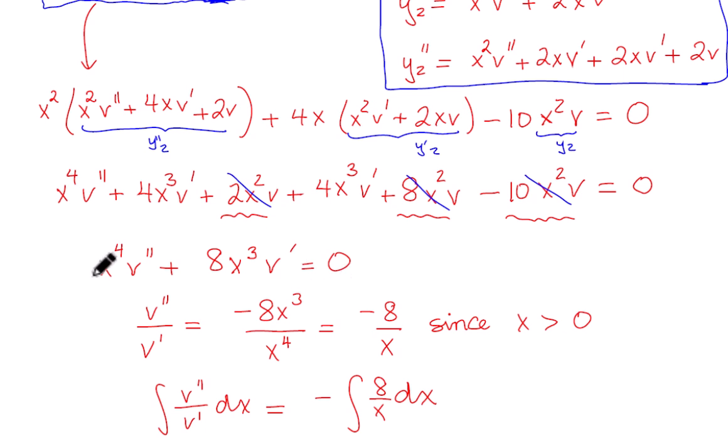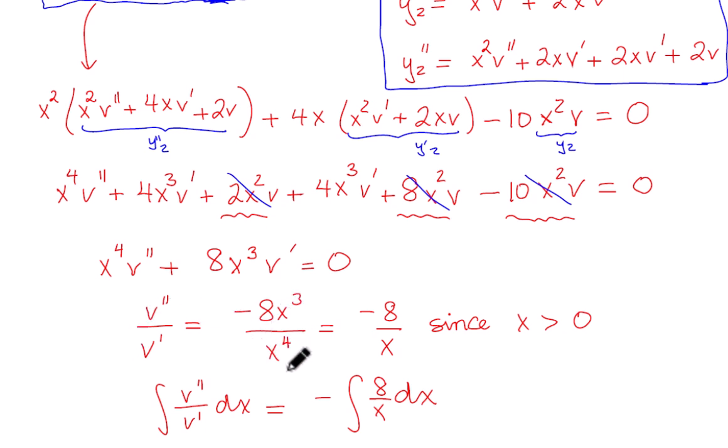All right, so we are down to this equation involving the second derivative of v. All right, so let's clean this up. Let's bring this stuff to the right. All right, so now once I move the x cubed to the right, I'm going to get the x's on one side and the v prime items on the other.